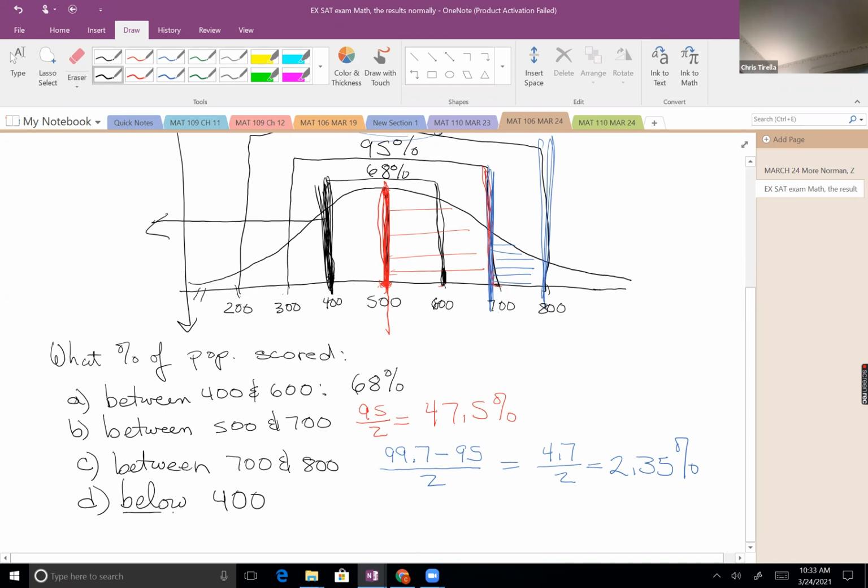When I see that word below, I'm thinking I'm going to subtract from 100. 400's attached to the 68%. So I'll take 100 minus 68. And again, because I'm only looking on one side, I'll divide by 2. So that gives me 32 divided by 2, or 16%.